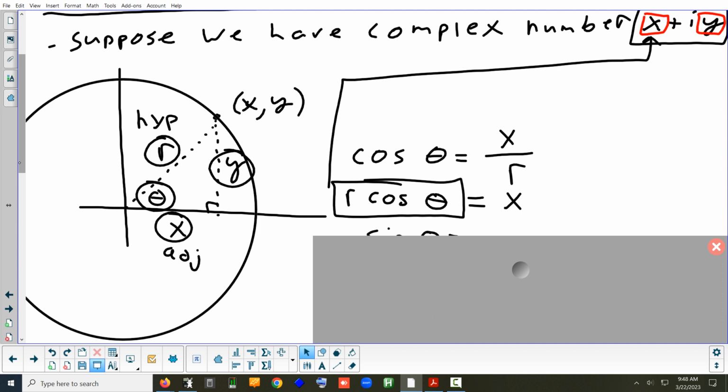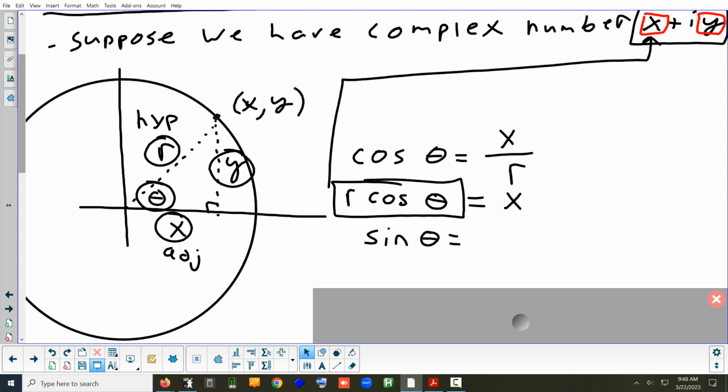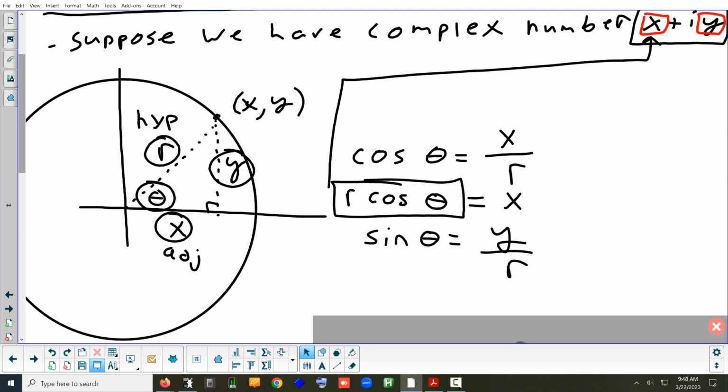Sine. Yeah, I'm going to use sine. And can you tell me what the sine would equal in that diagram? Sine theta equals y over r.